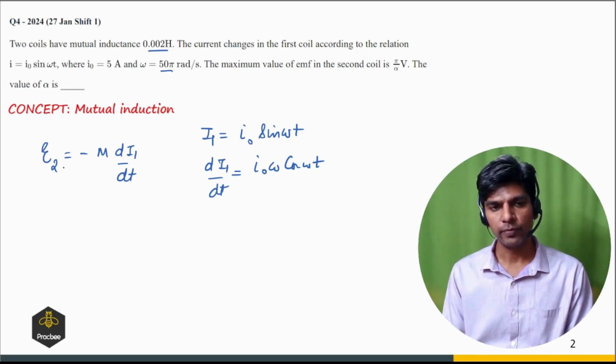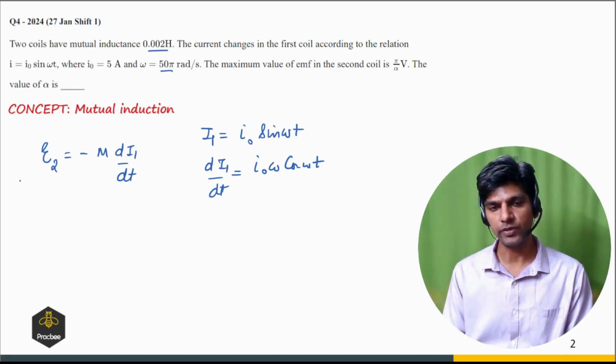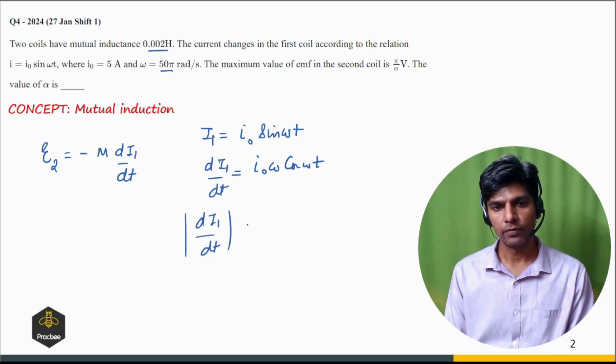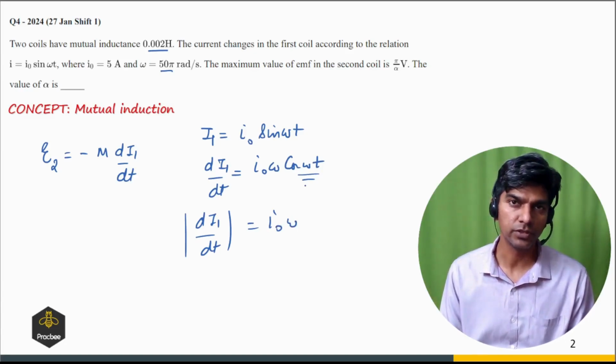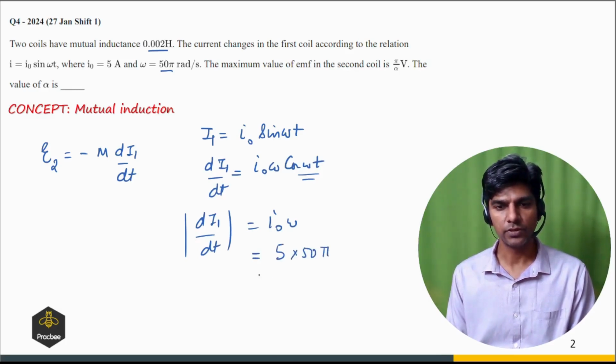So if I want to maximize the EMF induced in the second coil, you have to maximize the rate of change of current. So the maximum value of di1 by dt will be nothing but I naught times omega, because the maximum value of cosine function is 1. So I naught is given as 5, omega is given as 50 pi, so this comes out to be 250 pi.